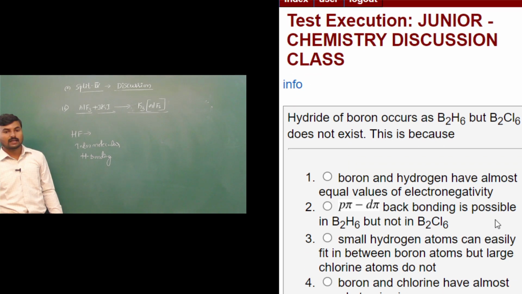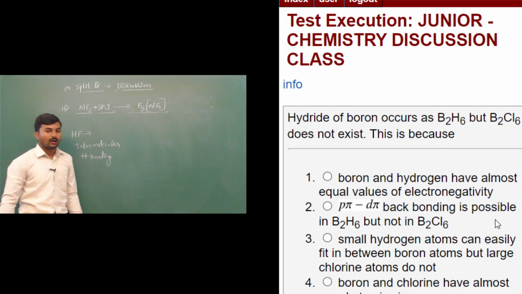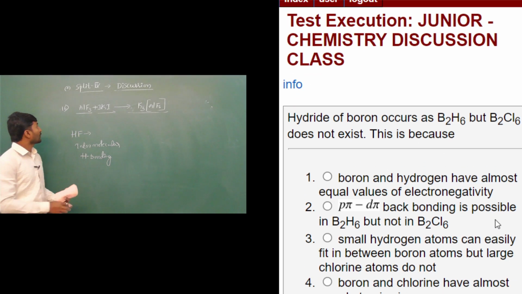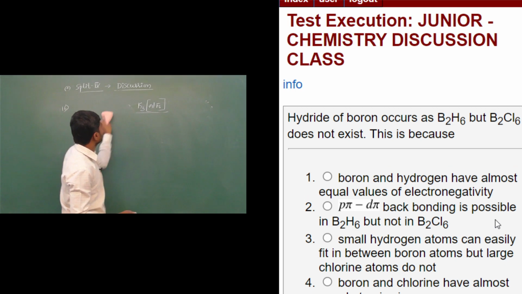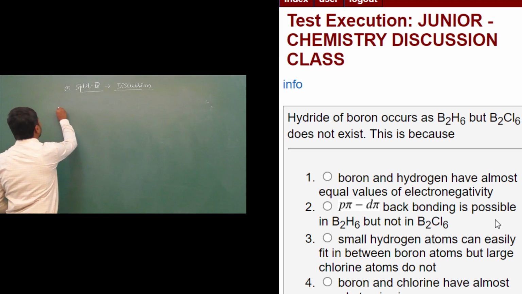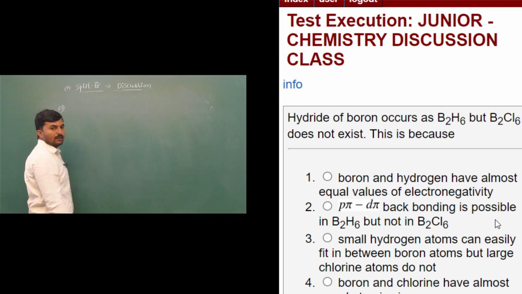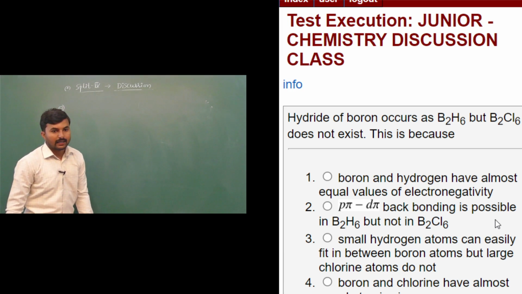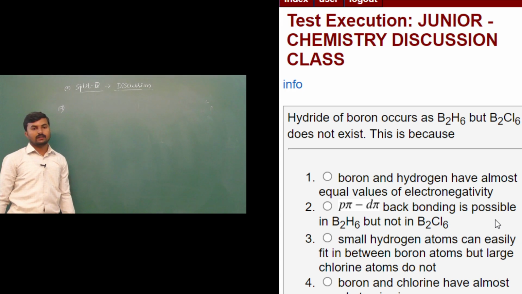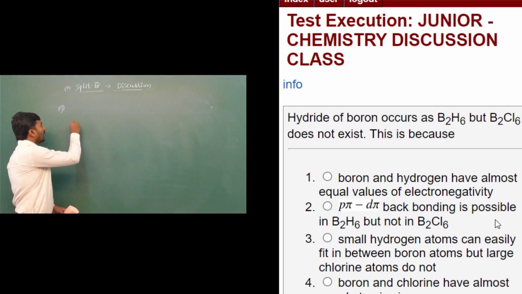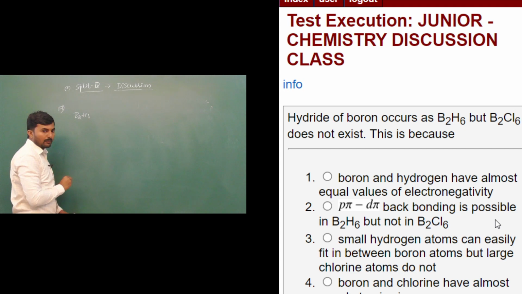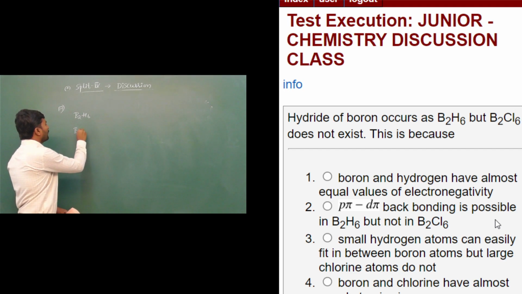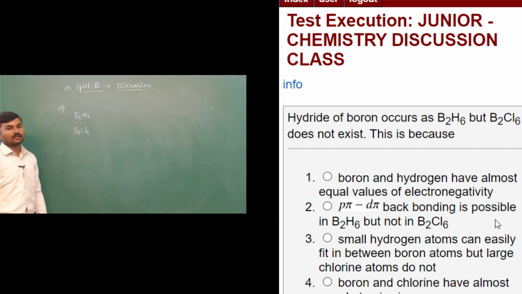So the question is like this. Question number 17. The hydride of boron occurs as B2H6, but B2Cl6 does not exist.